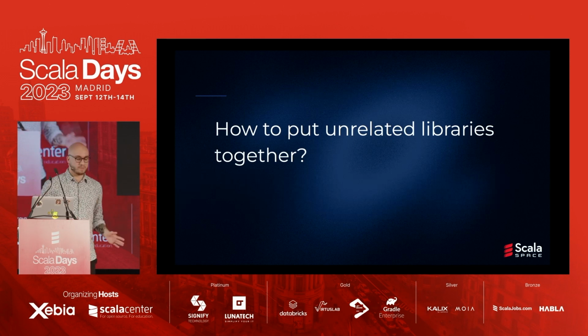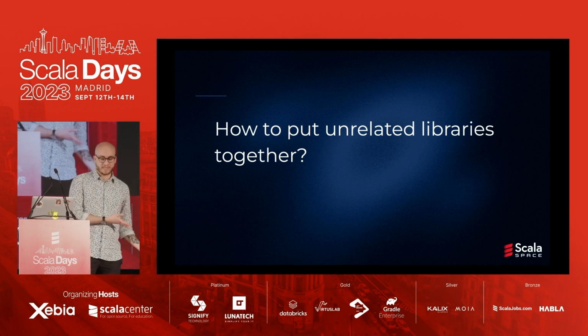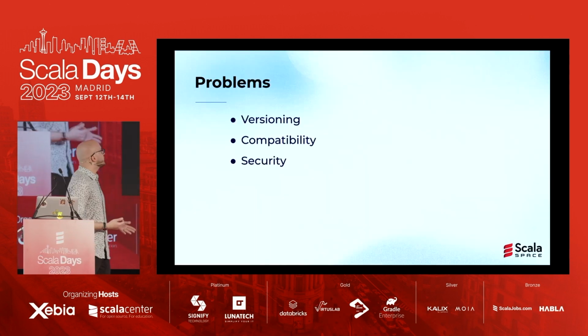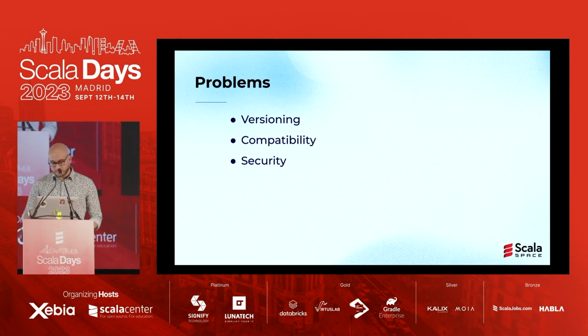And after we chose the libraries, there was another problem that we found, because how do you put unrelated libraries together and ship them? At first, it, again, may seem like a simple problem, but the more you think about it, you find that, for example, how do you version them? How do you make sure they're compatible with each other and that they're compatible with the version of Scala that the user uses?